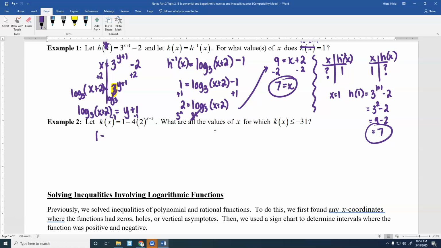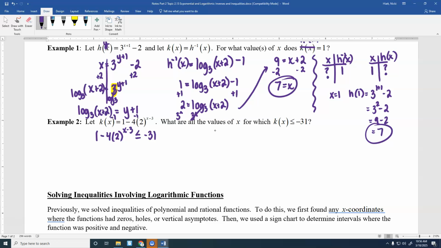So we've got 1 minus 4 times 2 to the x minus 3 is less than or equal to negative 31. So solving inequalities is almost the same as solving an equation, except what do I have to do differently? If I multiply or divide by a negative, I've got to flip the sign, right?